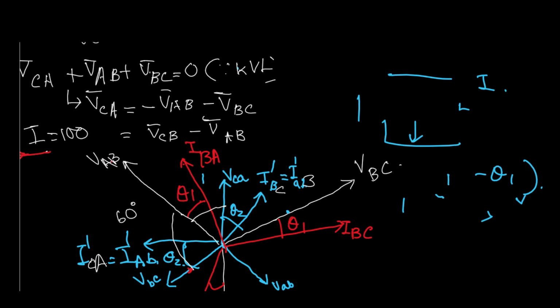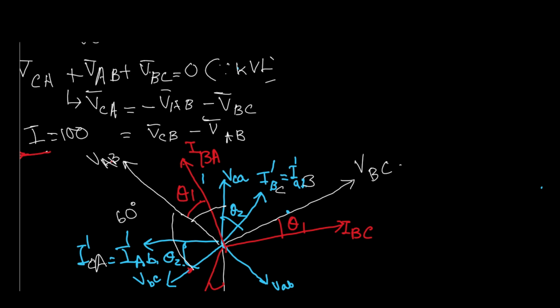Now that is why we have drawn IBA making an angle theta 1. Obviously, if you draw IAB, then it will be at an angle, how much will be the angle?